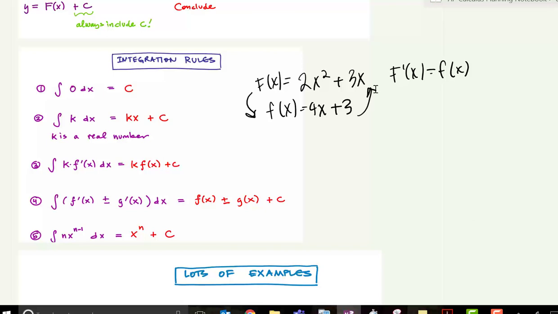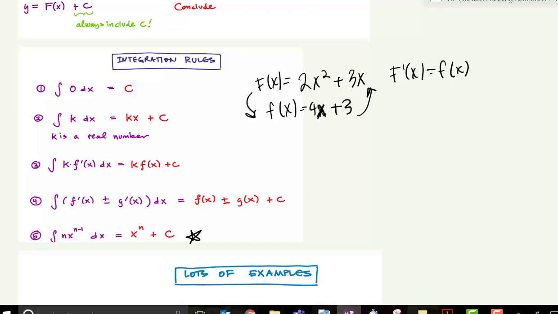It is super important to note that when I am working backwards, we're specifically going to look at this rule today: if we have the integral of n times x to the n minus 1, when I integrate that, I get x to the n plus c. Now, how would I get this for 4x plus 3?